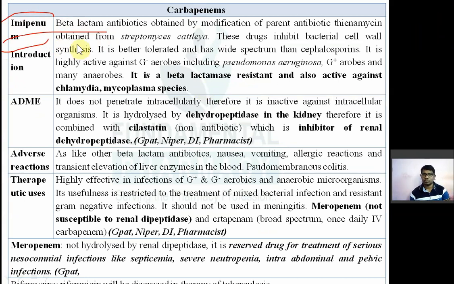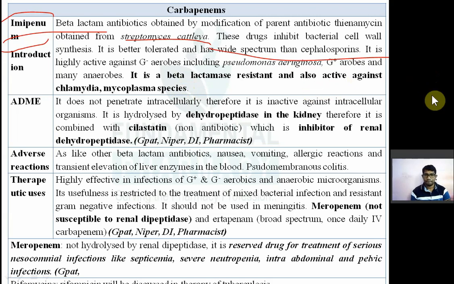It is obtained from Streptomyces cattleya. This drug inhibits cell wall synthesis of bacteria. It is better tolerated and has a wider spectrum of activity than cephalosporin. Highly effective against gram-negative aerobes, including Pseudomonas aeruginosa.